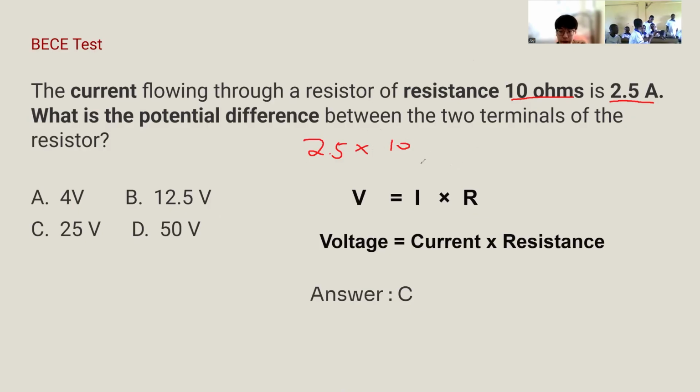So current times resistance, this should be 25, right? 25 volts. That's why the answer is C, 25 volts. Okay, so that's how you calculate the potential difference, also known as the voltage.